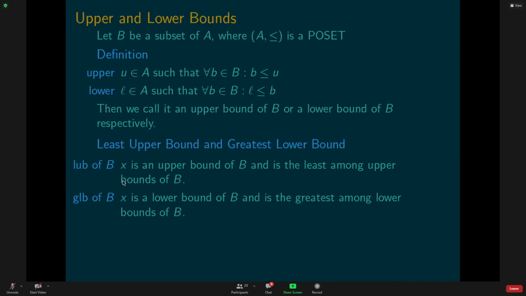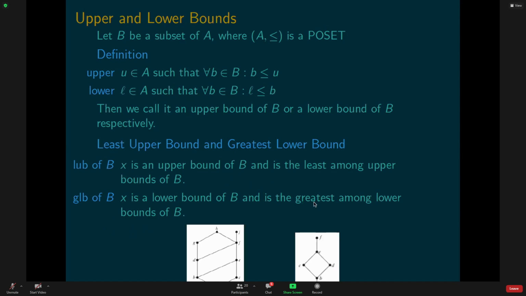And then special ones are the least upper bound, which is among all the upper bounds for B the least element, and the greatest lower bound, which is among all the lower bounds the greatest one.